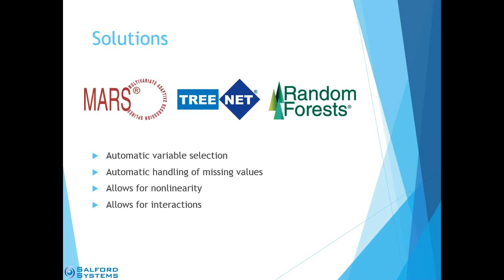There's still room for user intervention. You can still decide which variables you definitely want in the model or which ones you definitely want to take out. And you can also decide exactly where you're going to be imposing nonlinearities or interactions. So it is user controlled, but it can be automatic if it's not something that you want to do yourself.